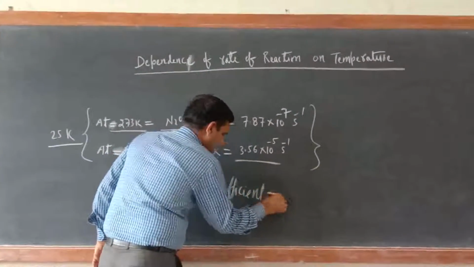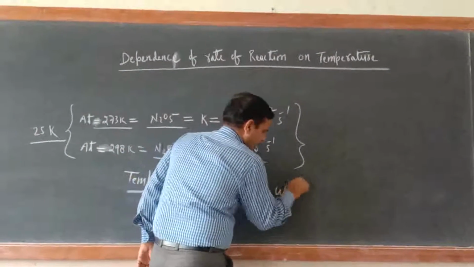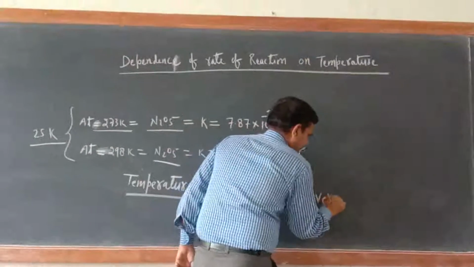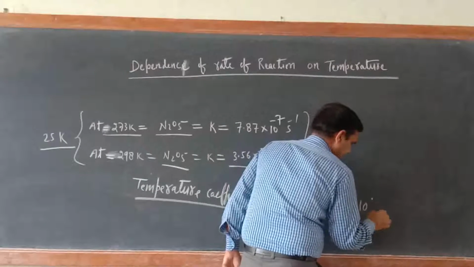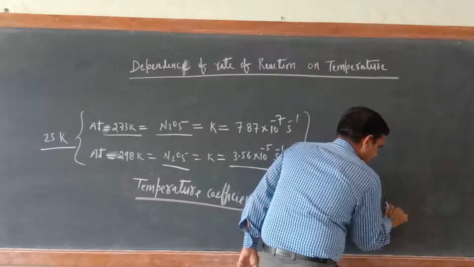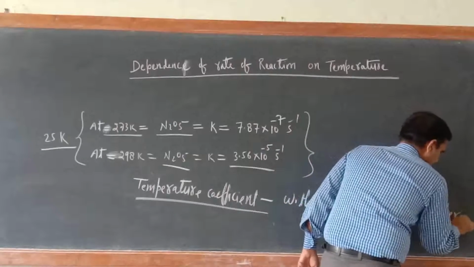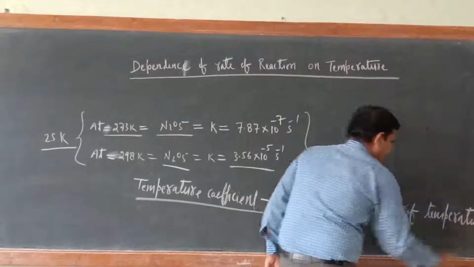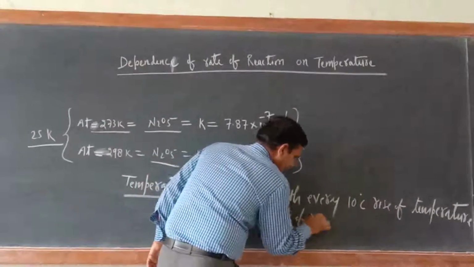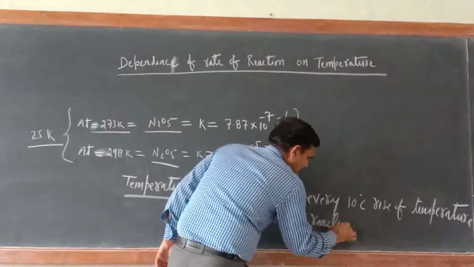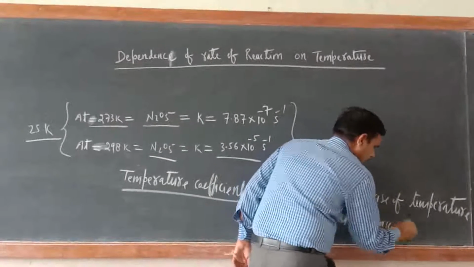According to this rule, with every 10 degree rise of temperature, the rate of reaction increases two times.